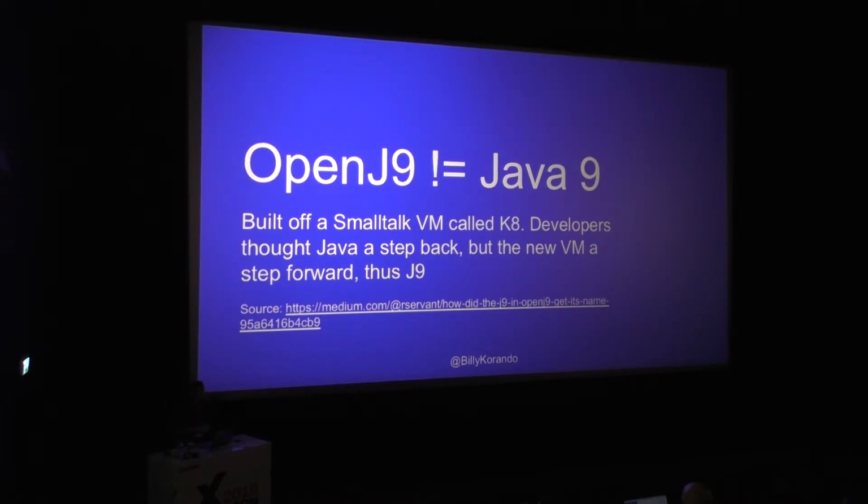And when those developers moved onto Java, they thought Java was a step backwards compared to their Smalltalk. But they knew that the new VM would be a step forward. Hence, J is 1 less than K, but the 9 is greater than 8 by 1. Hence, you get J9. Okay, so that's where it came from. Nothing to do with Java 9, because it happened way before that even existed.